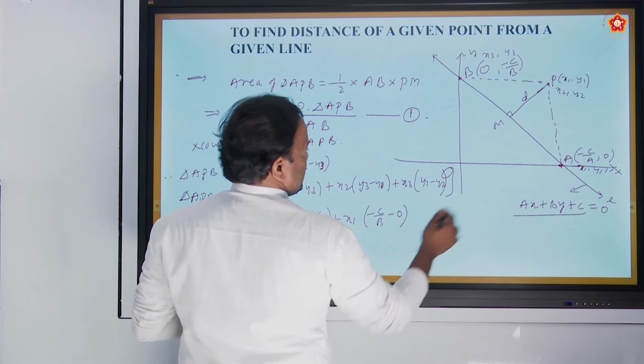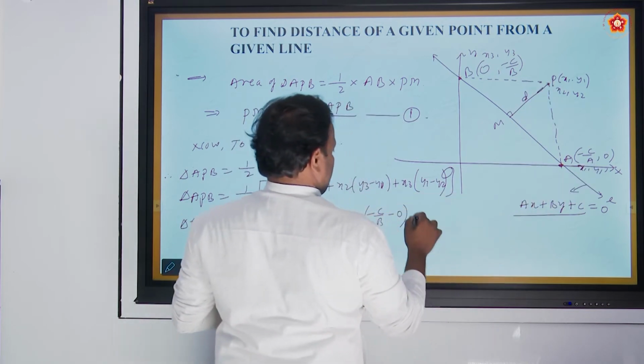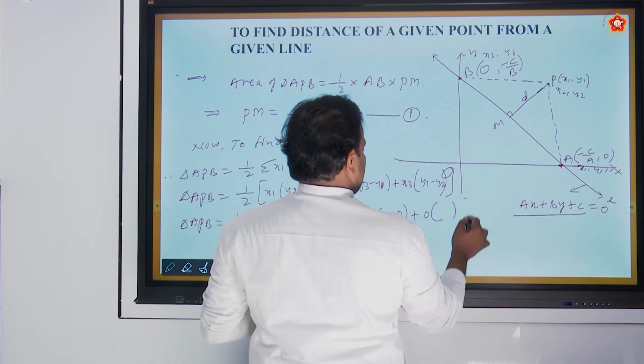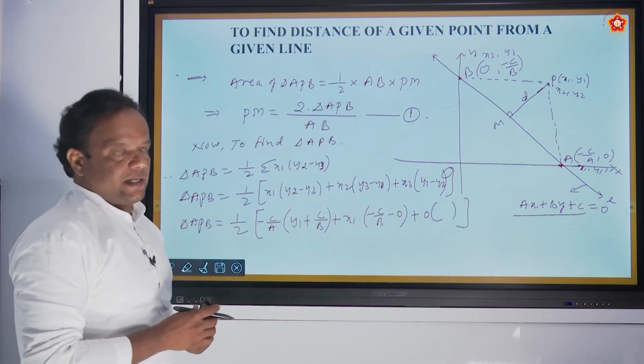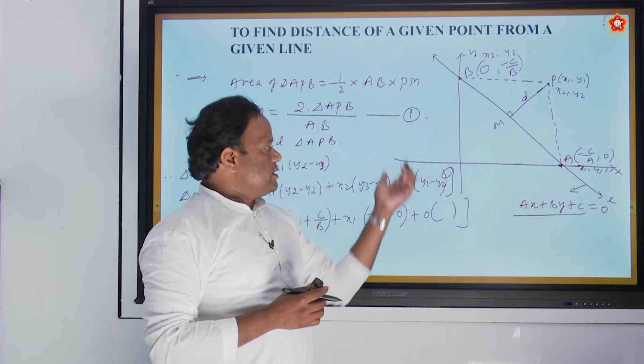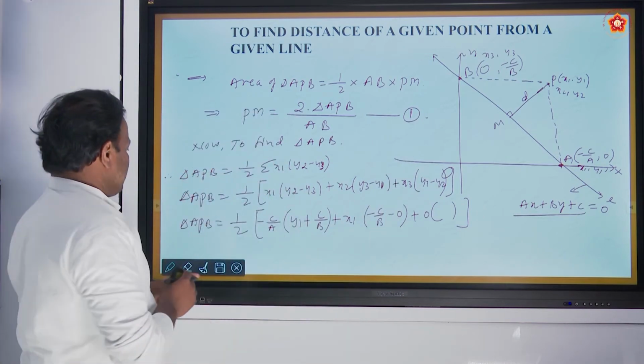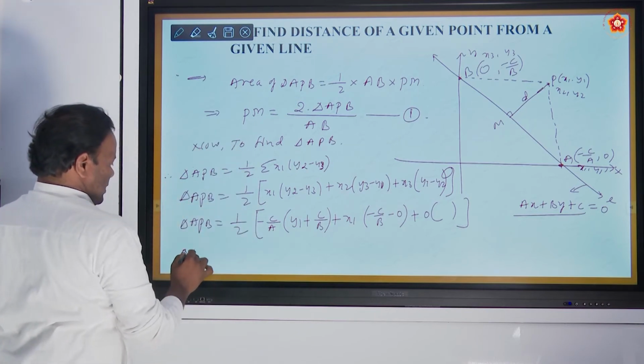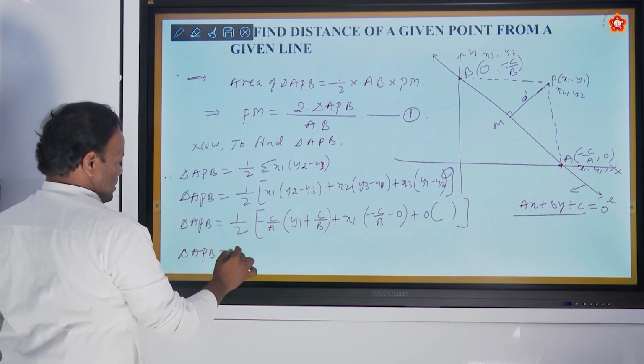y1 is 0 here. See the figure. Plus x3. x3 is nothing but 0. 0 into any number is 0, so no need to write anything here. Just simplification here. So area of triangle APB is equal to half.